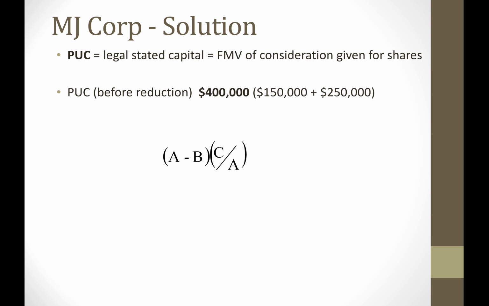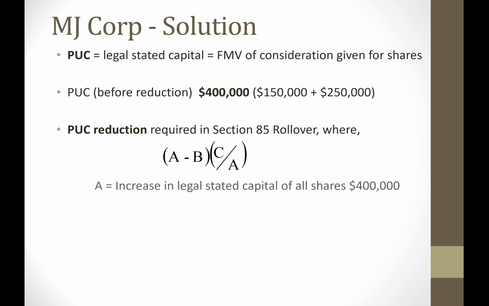But we're also told that whenever there's a Section 85 rollover, there could be a PUC reduction. And that's where we come to this equation here, A minus B. That's going to be the total reduction to the overall PUC times the fraction of C over A, and that's going to give us how much the reduction will be for the preferred shares and how much for the common shares. A is the increase in legal stated capital of all the shares.